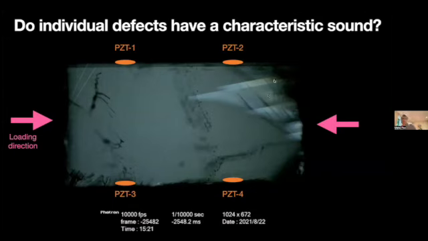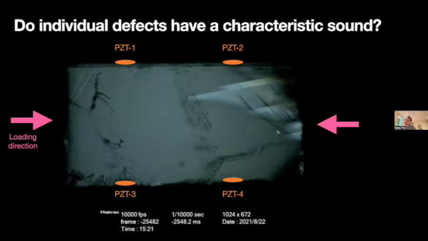And to validate whether this is really possible, because generally when people record acoustic emissions, they just think about cracking as the mechanism generating them. But in material science, it is also quite commonly used to study dislocation dynamics and twinning dynamics.